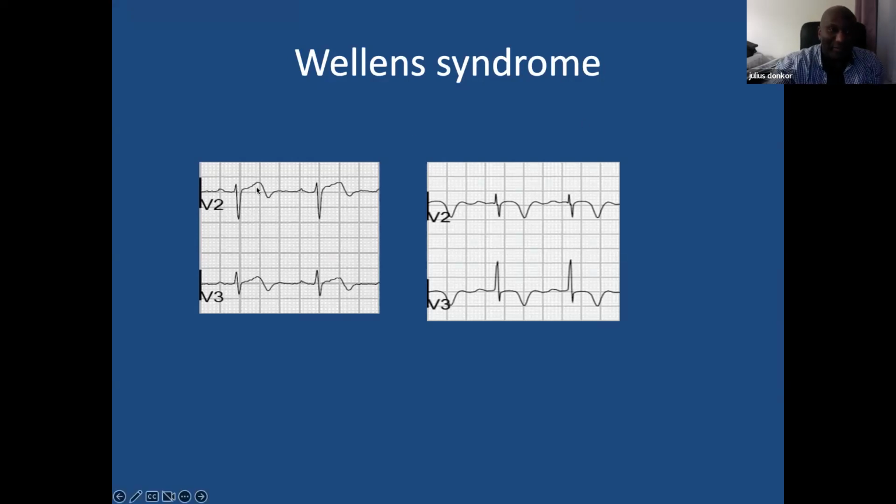You can see there, your biphasic T wave, slight ST elevation there, and it's morphing into T wave inversion. So that's a biphasic T wave in V2 to V3. That's Wellens syndrome. The other type is complete T wave inversion in V2 to V3. It's quite characteristic of Wellens syndrome.